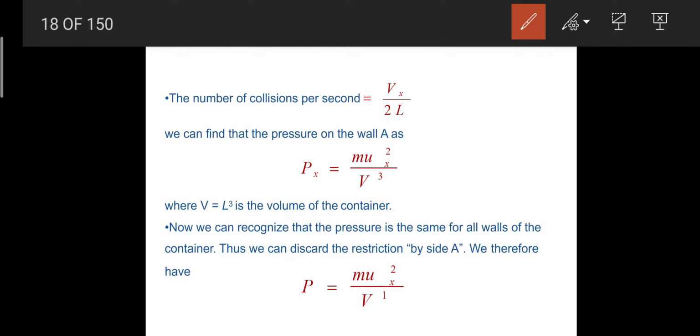So hope you are understanding this well. For n molecules instead of just one, the net pressure becomes p is equal to n m u square average divided by v.